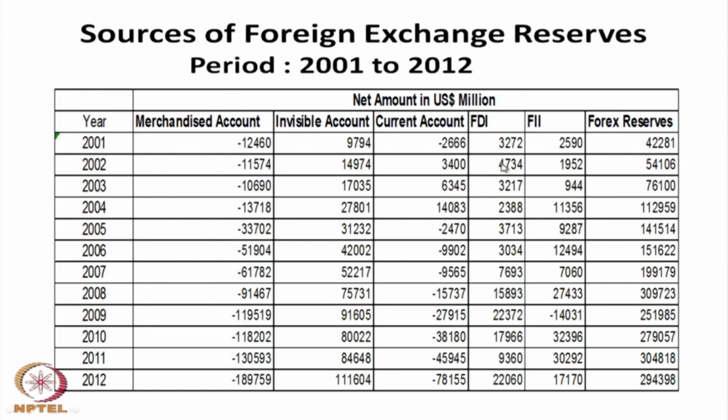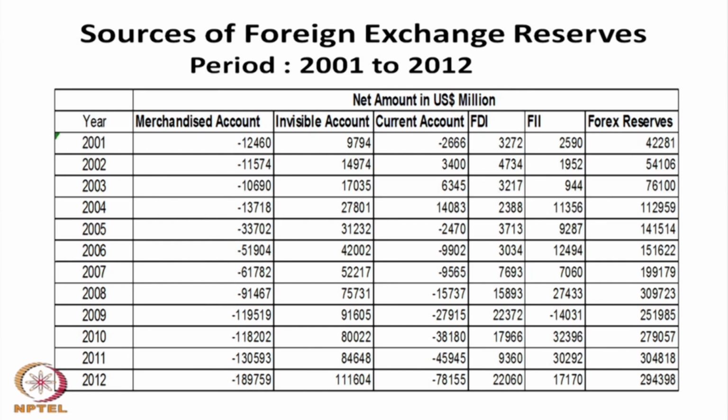Similarly, our FDI is also increasing. FII investment, though fluctuating, has also increased over the years, and the foreign exchange reserve from 2001 was something around 42 billion, increasing to nearly 294 billion in 2012. In 2011 it was 300 billion, which was reduced because of the financial sector crisis all over the world.